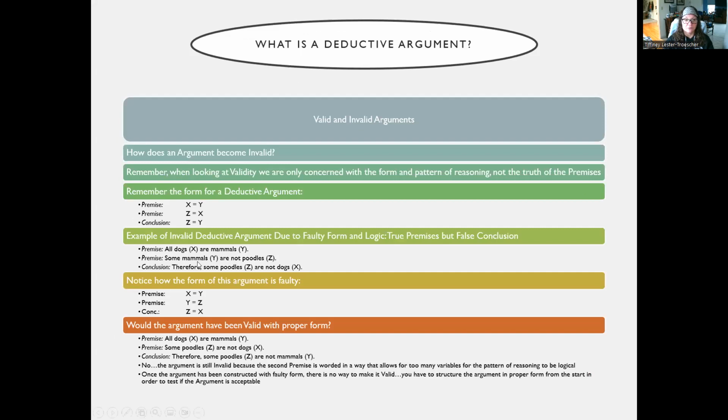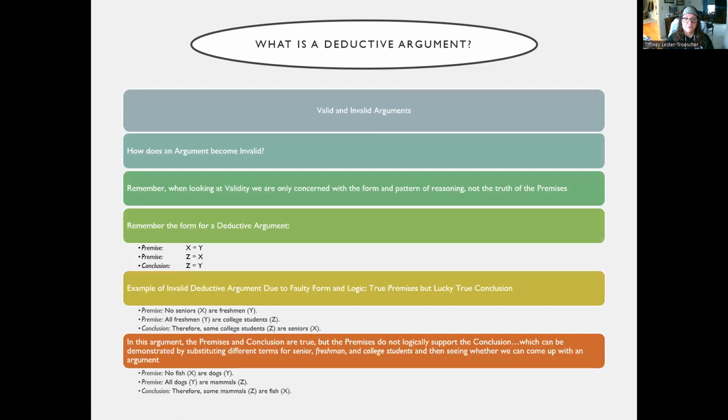This one here with dogs, mammals, and poodles is invalid and has a false conclusion. The reason is because the pattern of reasoning is wrong. It's faulty. And over here, we had a lucky true conclusion, but still an invalid argument because, again, the pattern of reasoning is faulty, not correct.